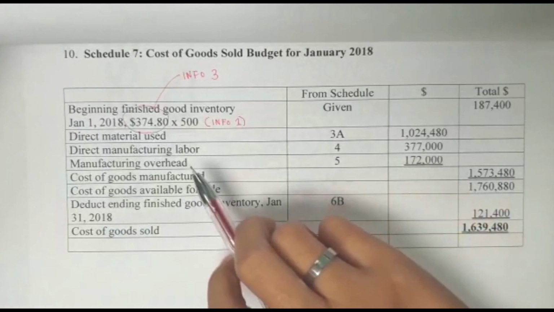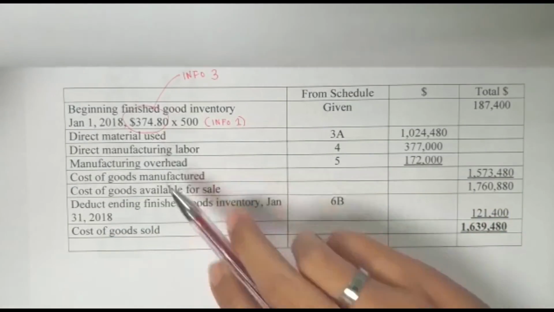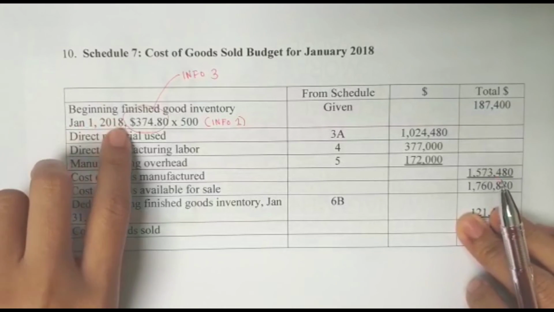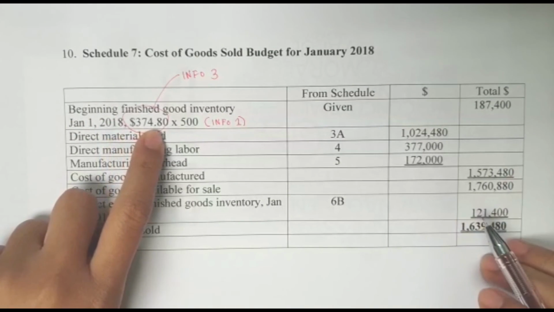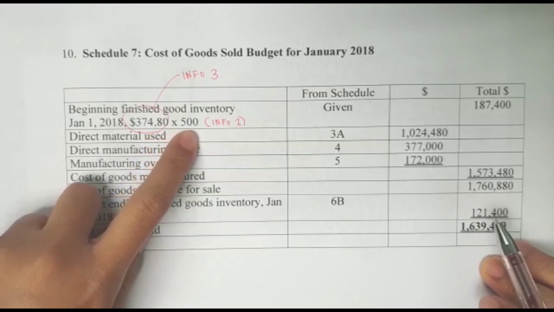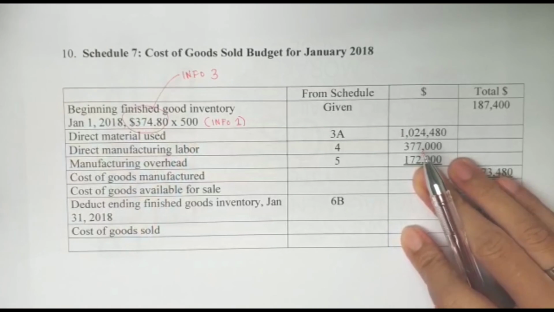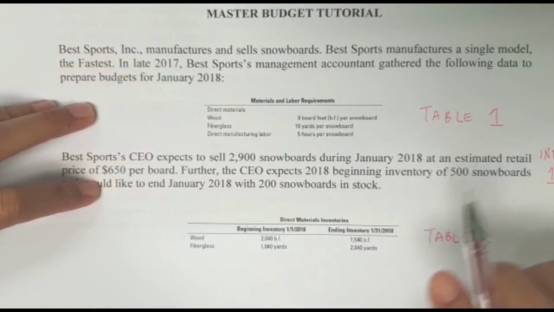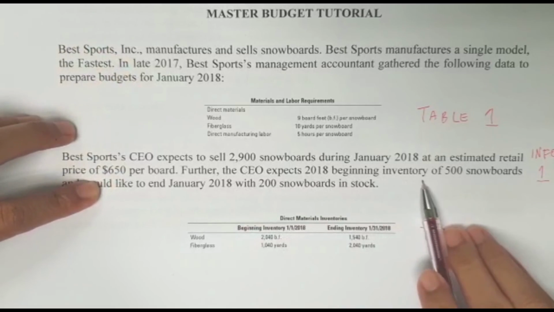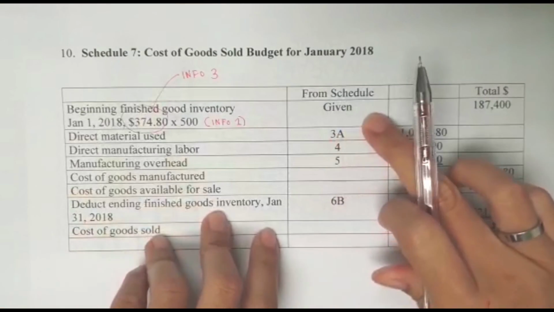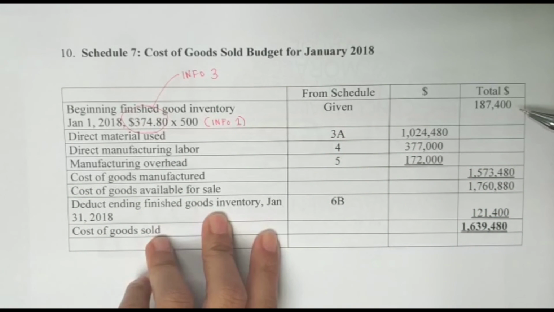So this is the figure that we have to use for January 1, 2018. 374.80 times 500, where 500 is the beginning inventory given in information 1, so the total is 187,400.